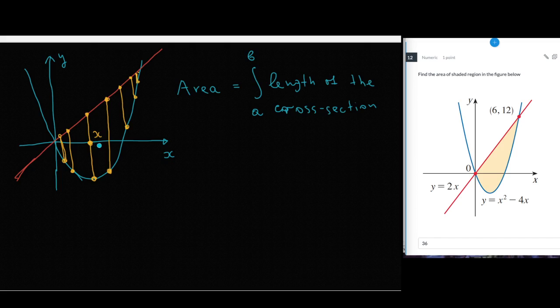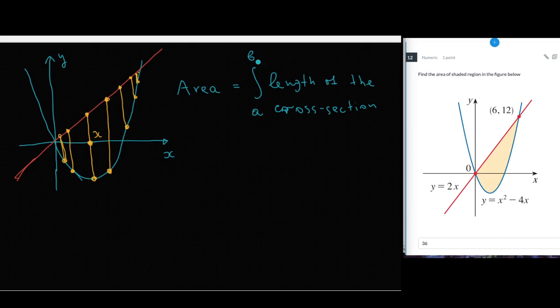In that case, the variable whose value will determine the position of the cross-section will be y. So let's concentrate on this case here.